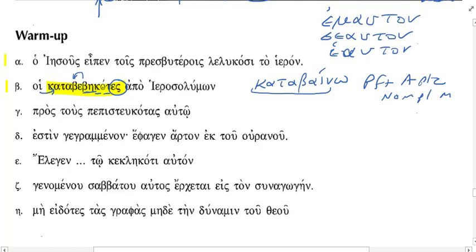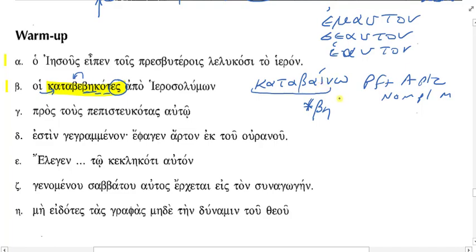Okay, so in katabaino, the real root is this beta eta. So we've built up or modified the root to form the present stem, baine. It's gotten a new infix and an iota here.